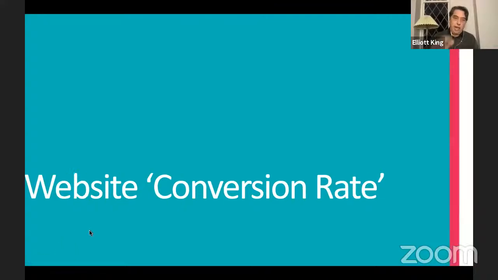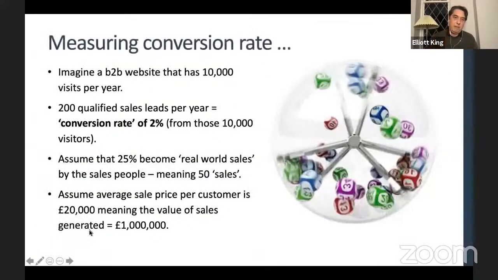I'm going to get a little bit mathematical here, but bear with me and we'll discuss it in a moment. Let's talk about a B2B website that has 10,000 visits. There are lots of people who reach your website that didn't really mean to get there, but let's assume there are 10,000 qualified visits per year.